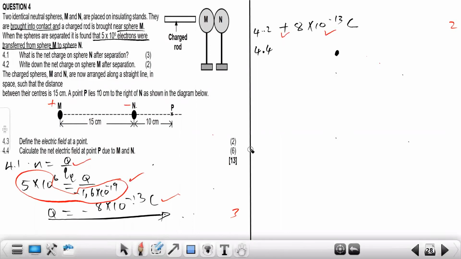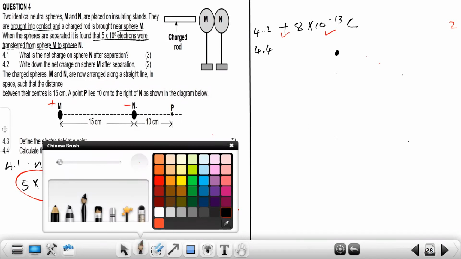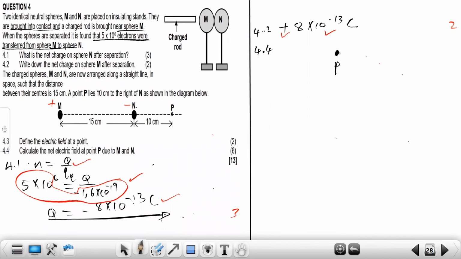So I'm going to finish off this one quickly so that we also stay on time. So this will be P. I'm going to have this here, and this will be the E of MP, and then this one should be longer, E of N on P. Then it's easy to say E of NP is just KQ over R squared.